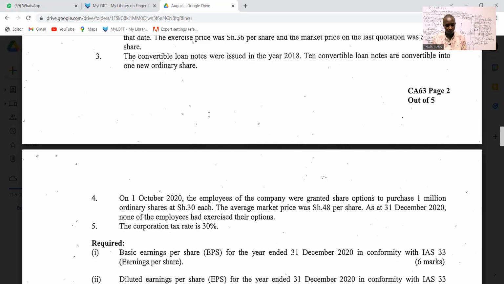Number 4 and number 5 is just what you know. On 1st October 2020, the employees of the company were granted share options to purchase 1 million ordinary shares at shillings 30 each. The average market price was 48 per share. As at 1st December 2020, none of the employees had exercised their options. The corporation tax rate is 30%. There's nothing which has changed here.